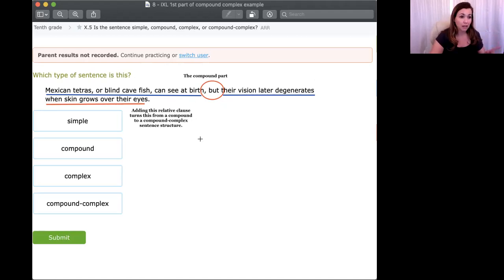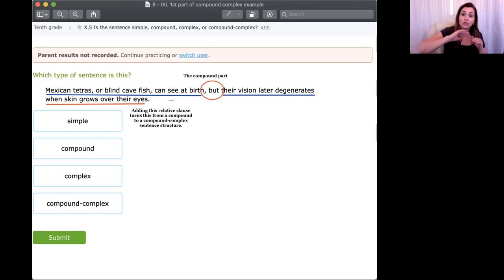So now let's go to the very beginning of this. Mexican tetras, or blind cave fish, can see at birth. What's going on here with this comma or blind cave fish? I chose this example because this is another opportunity for students to go, wait a second, I think or is one of those words that joins two sentences to make a compound sentence, and you are correct, but not in this case.